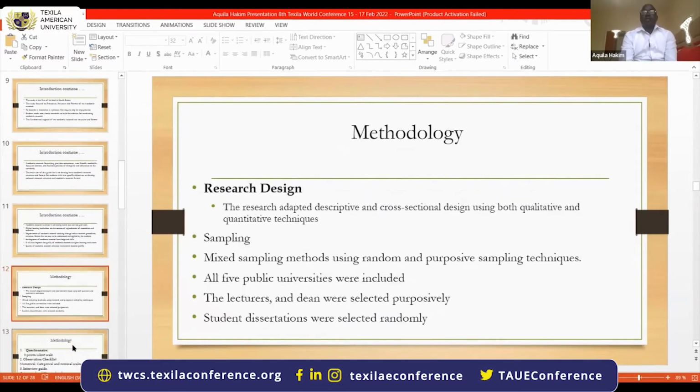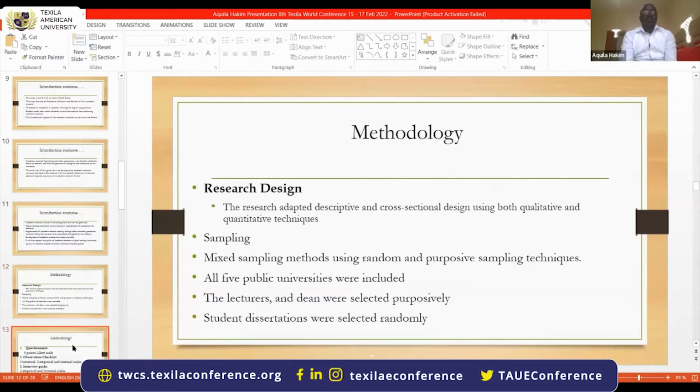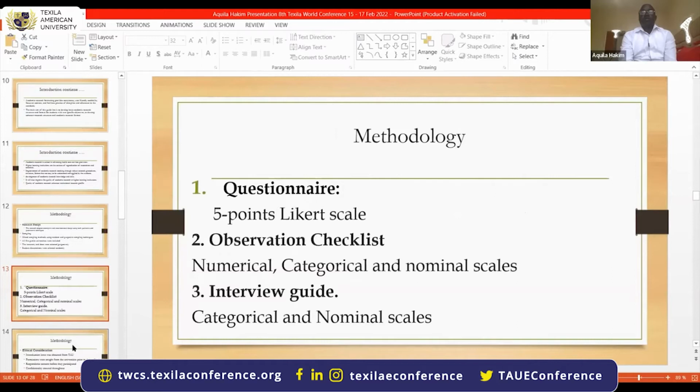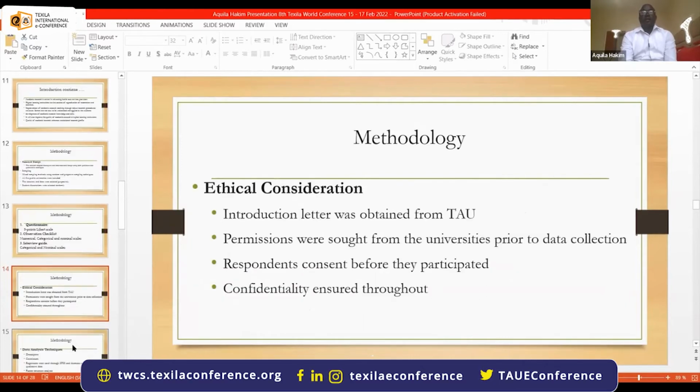Some of the methodology that we used: the design was a descriptive cross-sectional design using both qualitative and quantitative techniques. The sampling was a mixed sampling method using random and purposive sampling techniques. All 5 public universities were included. The lecturers and the deans were selected purposively. The student dissertations were selected randomly. I used 3 tools: a questionnaire, an observation checklist, and an interview guide.